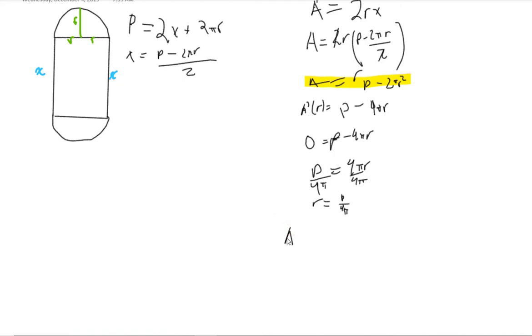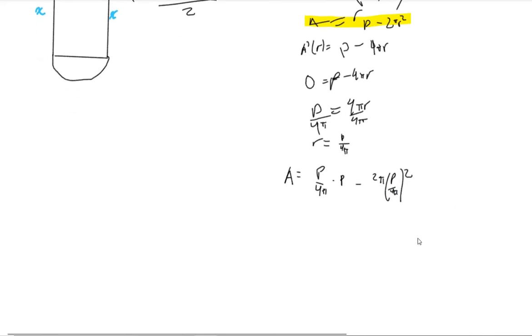So area is equal to r, which can be replaced with p over 4 pi, times p minus 2 pi r squared, which is p over 4 pi squared. Okay, and so now we finally have area in terms of p, which is what we want.